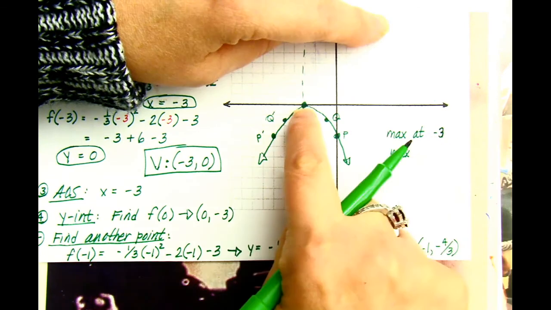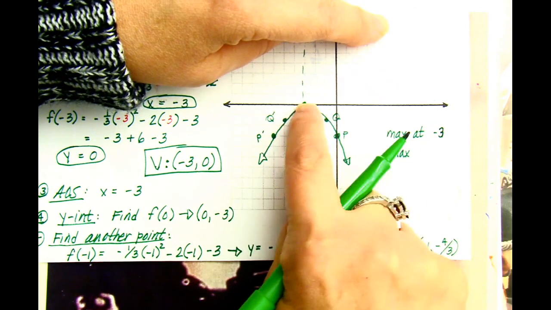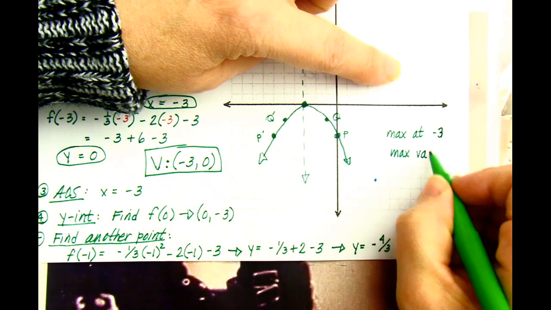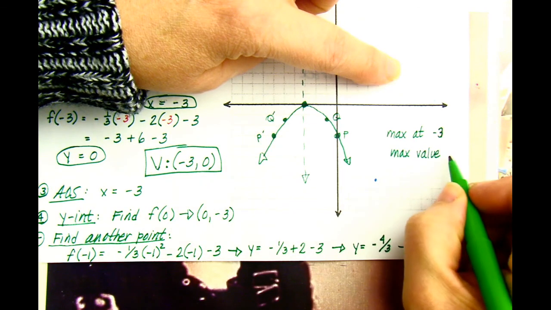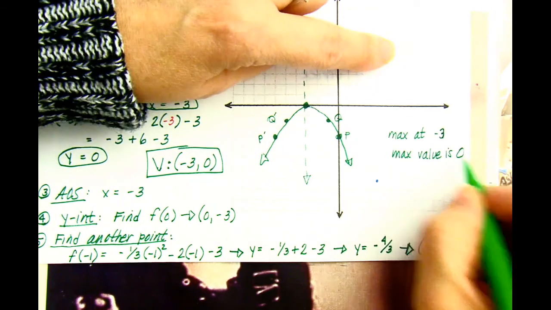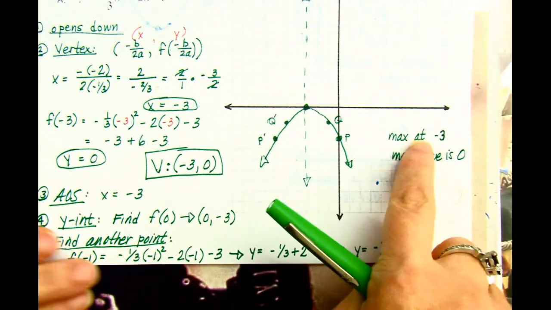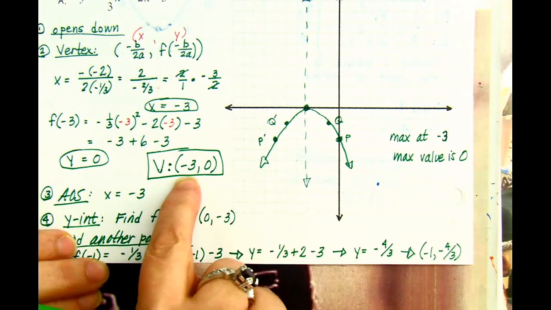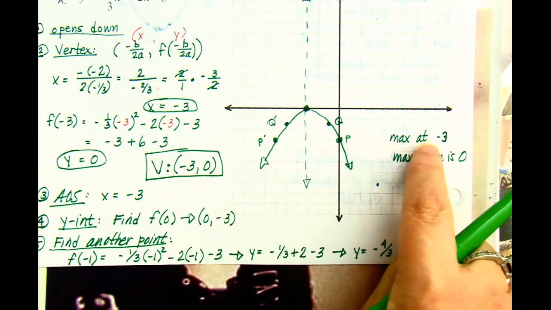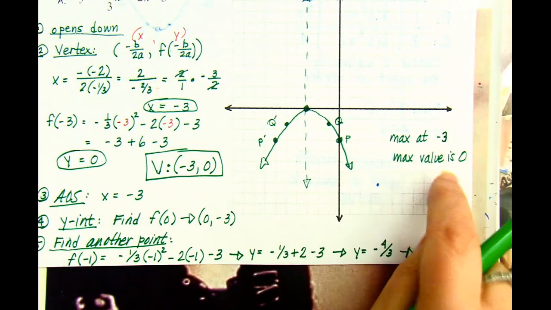Right, because this is the maximum point. The x value there is -3. The max value is 0. That's the y. Okay, and this should match the vertex, because we're talking about that vertex point. So the max happens at -3, and the max value is 0.